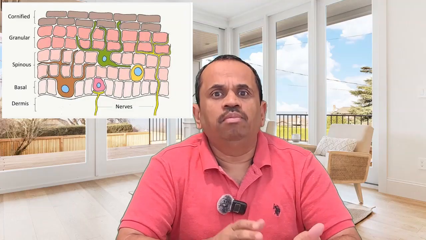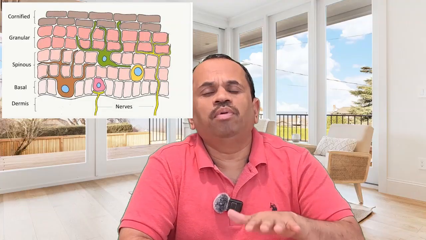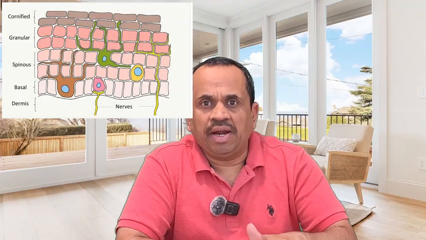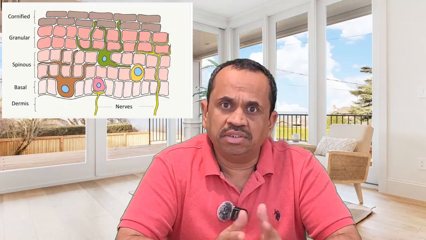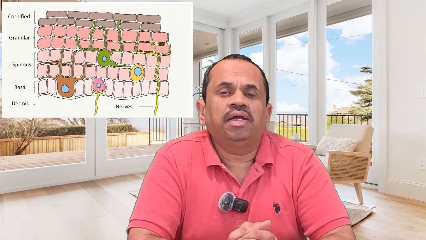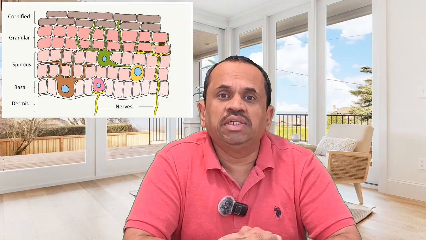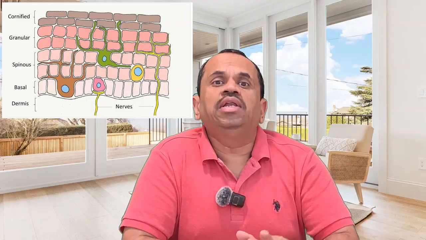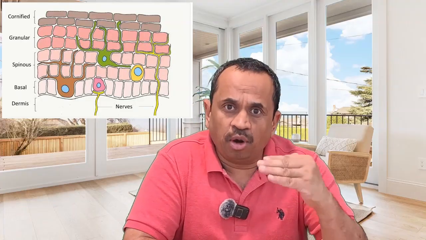The lowermost layer of the epidermis is called stratum basale, or the base layer. Stratum is another name for layer. The base layer is responsible for generation of cells in all the layers on top of it.